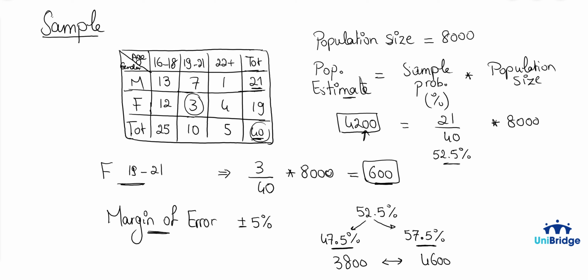So once you hear margin of error, you think positive and negative, the percent of the sample probability or the sample percentages. You add and subtract to get an estimate. And always remember that if you want to get an estimate for the population, just get the percent or the probability as a fraction, and you just multiply it by the entire population size.